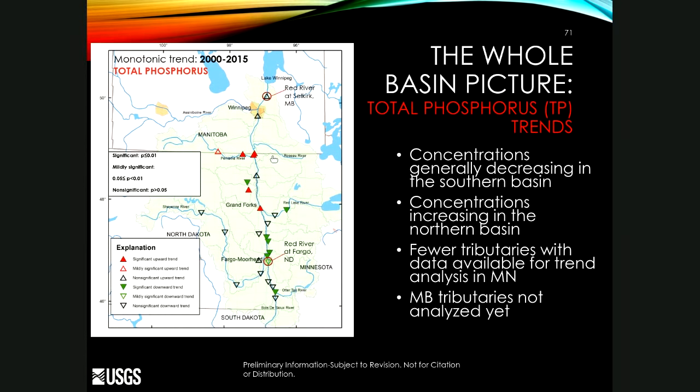We don't have as many tributaries because we didn't have data for that. And for Manitoba, I don't have those tributaries analyzed yet, so that's why those are missing. So that is just a snapshot of the basin as a whole and what those trends look like over the 2000 to 2015, 15-year period.